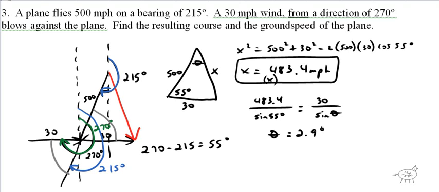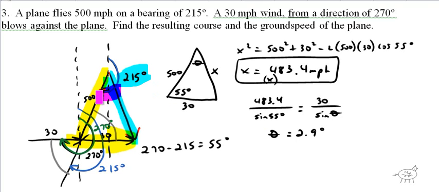So now the question is it blowing it less degrees or more degrees? Well, look what's going on. The wind's taking this vector right here, right? That's the original vector of the plane, and the wind's blowing it this way. So our new vector, being this, is less of an angle. So it's 215 degrees minus that, minus this theta right over here.